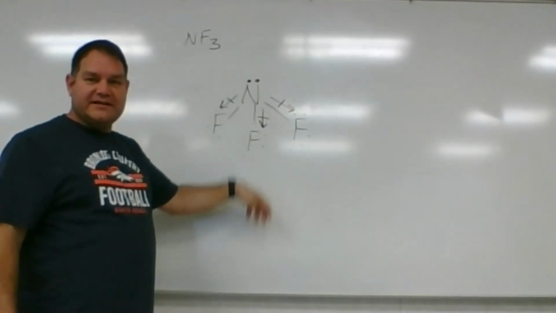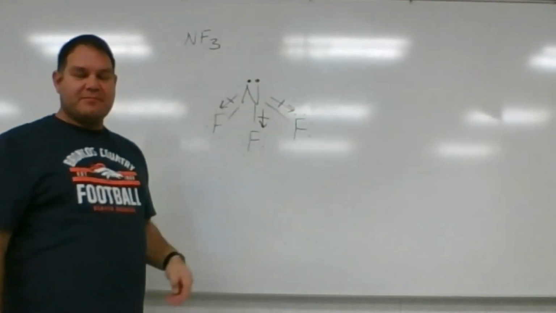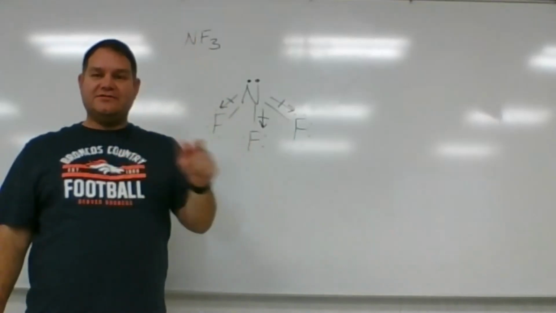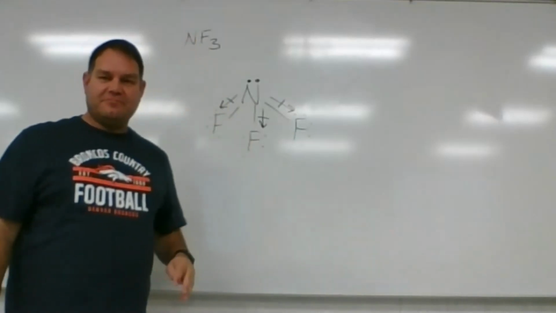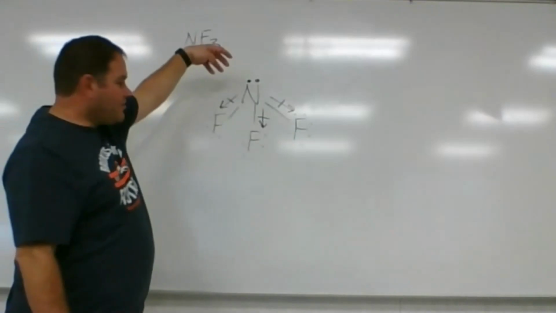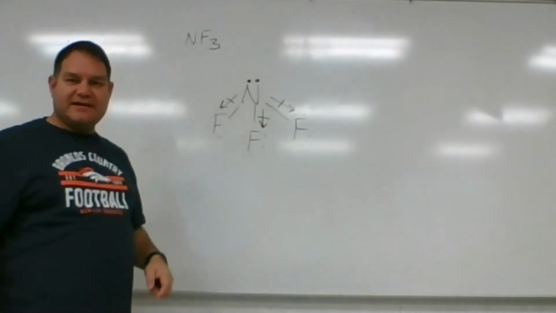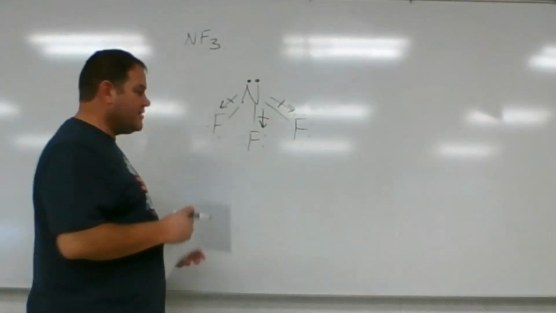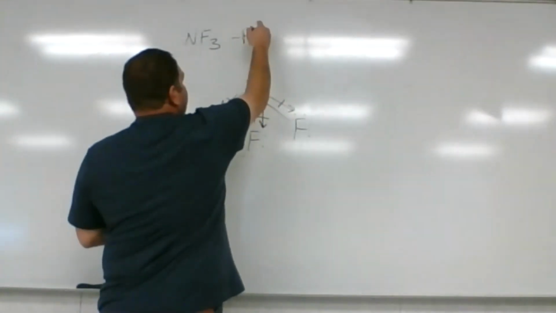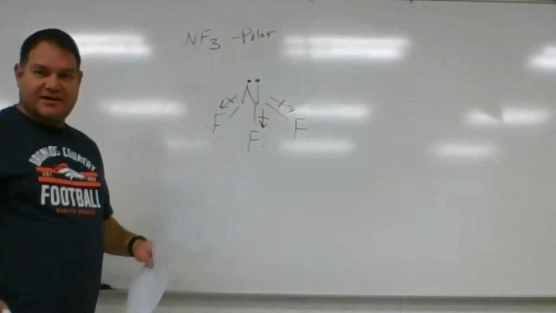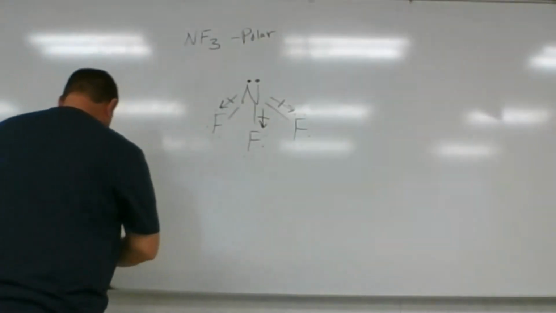Now they're all pointing in the downward direction. Remember, we're either going to point up, down, left, or right. No diagonals; we're not going to deal with that. Since they're all pointing down, none of these dipoles are canceled out. Therefore, this is a polar molecule. See how that works so far, hopefully?